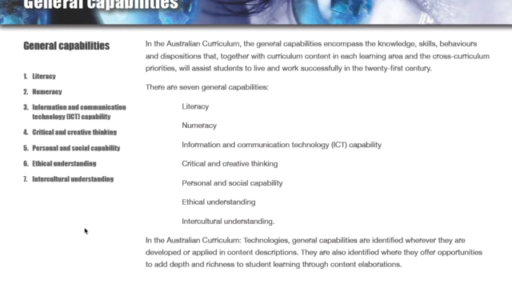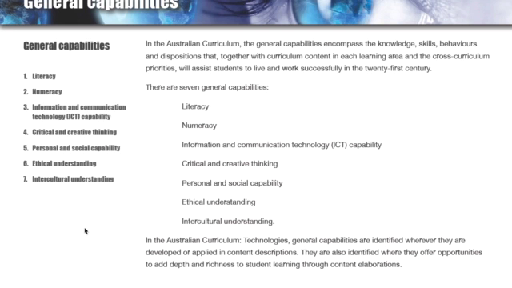Okay, general capabilities. These are the range of different knowledges and skills and behaviours and dispositions that we want students to develop across their years of education, but they don't fit neatly into any one particular learning area, and they cover multiple learning areas.